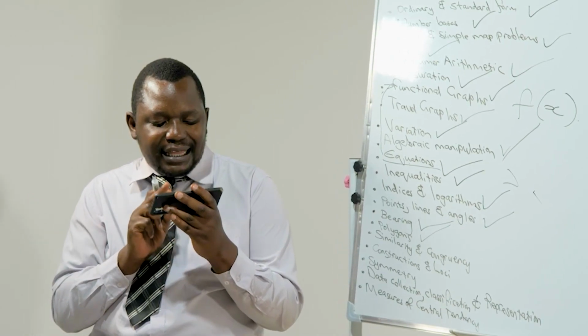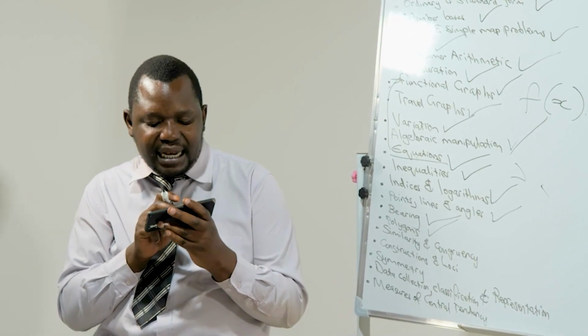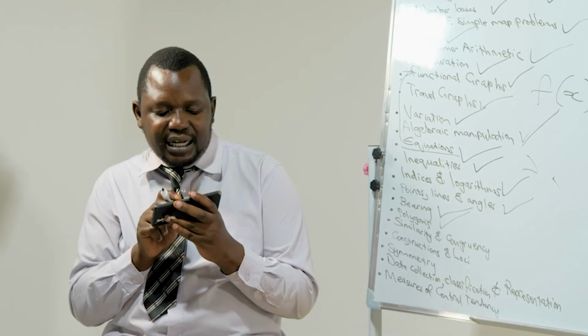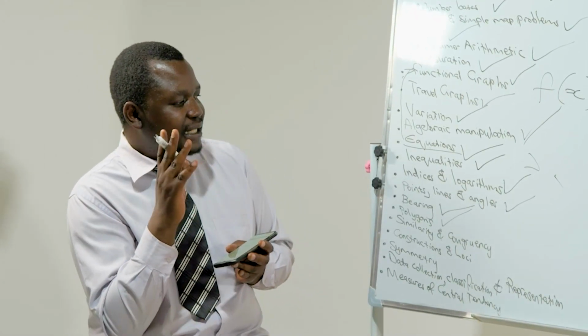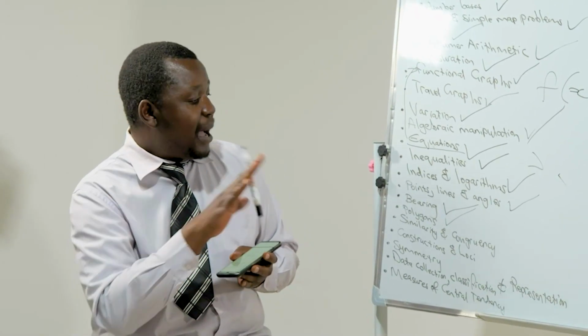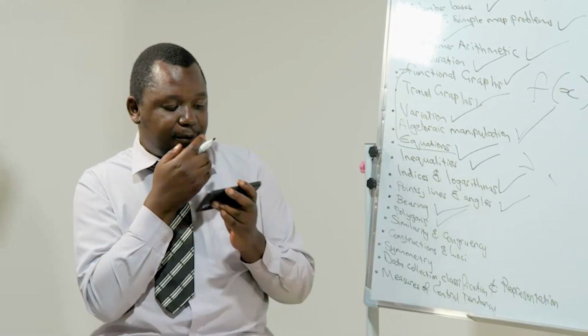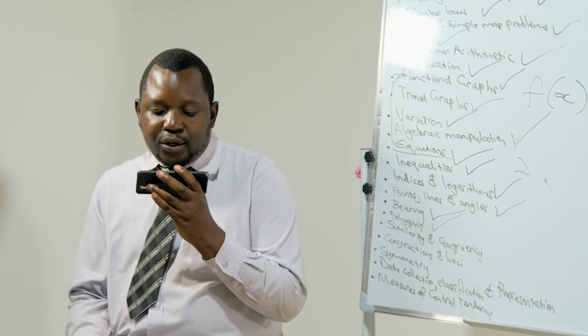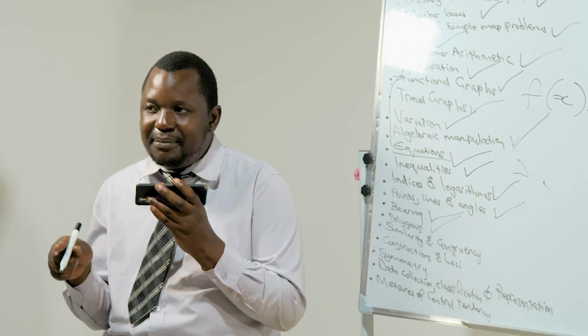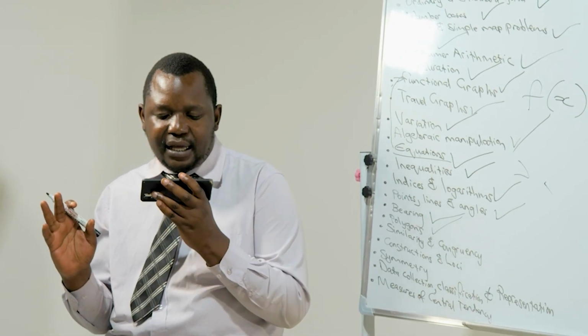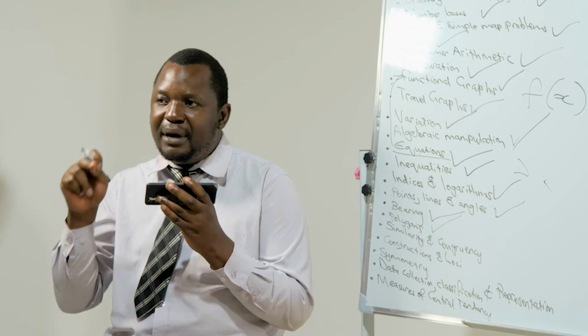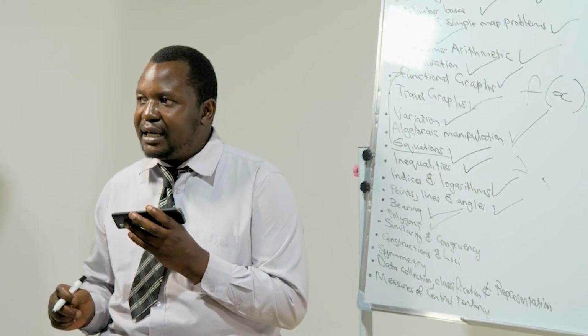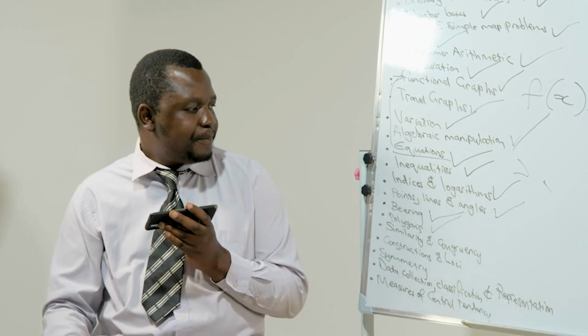You need to calculate the length and the size of similar figures. Know the concept that the ratio of corresponding sides is equal. We need to understand those things. You need to calculate the area of similar figures, the area factor. And you also need to calculate the volume and mass of similar objects, the volume factor.